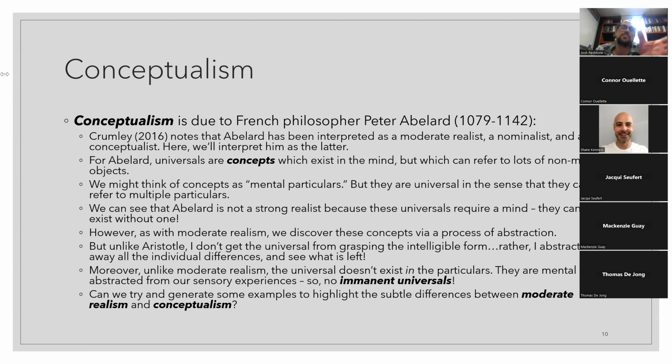Another important difference is that we discover these universals a little bit differently. In both cases, we do it with the intellect, but in moderate realism, we use the intellect to grasp the form that is in the coffee cup or the cast of Zeus or the dog. But on conceptualism, we abstract away all the individual differences between every member of that category. Whatever's left is our essential concept. Any questions?